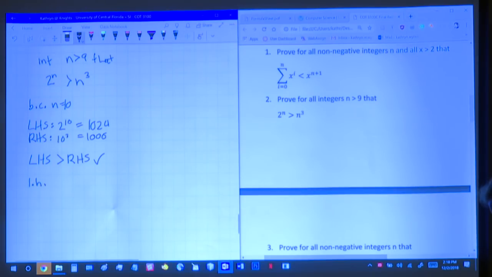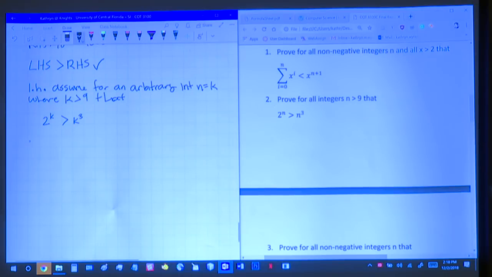Our inductive hypothesis: assume for an arbitrary integer n equals k, where k is greater than 9, that 2 to the k is greater than k to the third.